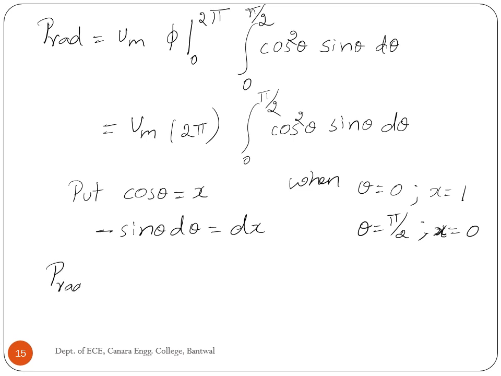Therefore, radiated power is equal to 2 pi u m integral of minus x square dx for a limit 1 to 0. Radiated power is equal to 2 pi.